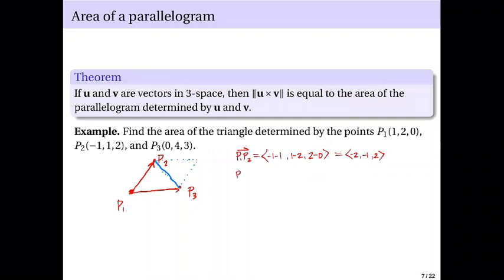And then you have now P1, P3. This is your P3, so you have 0 minus 1, comma, 4 minus 2, comma, 3 minus 0.